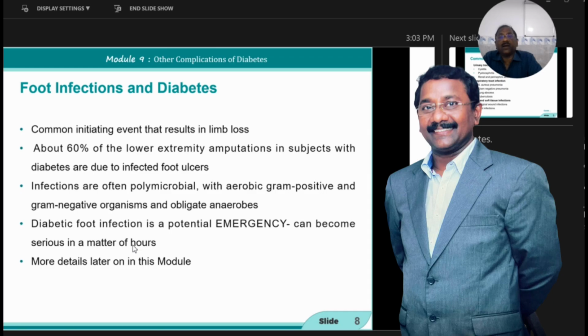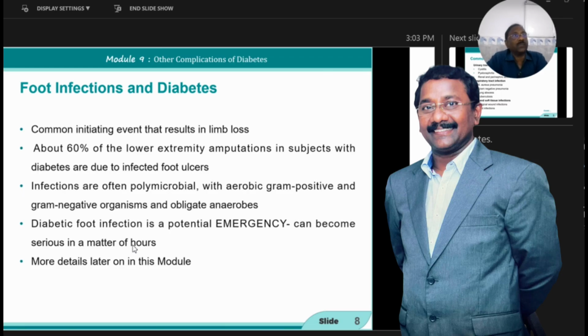Here the infections are often polymicrobial. So that is the reason we use antibiotics covering gram-positive, gram-negative and anaerobic organisms whenever you see a foot infection in a diabetic individual. In the general hospitals they use ampicillin, amikacin, and metronidazole. Ampicillin will take care of the gram-positive organisms, your gentamicin or amikacin will take care of the gram-negative, and metronidazole will take care of the anaerobic organisms.